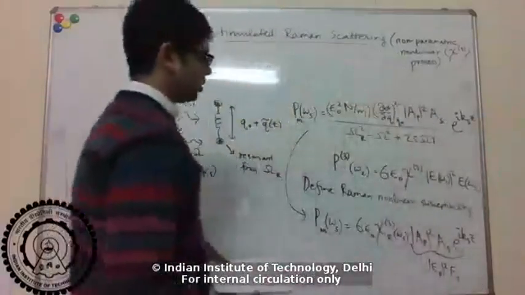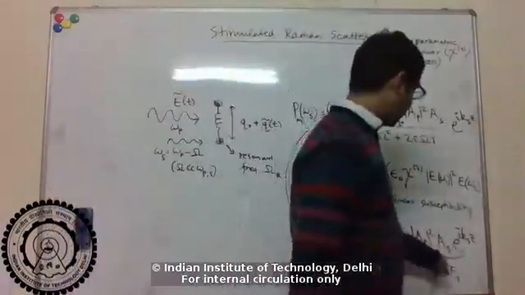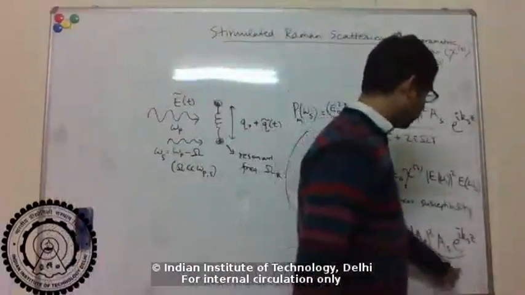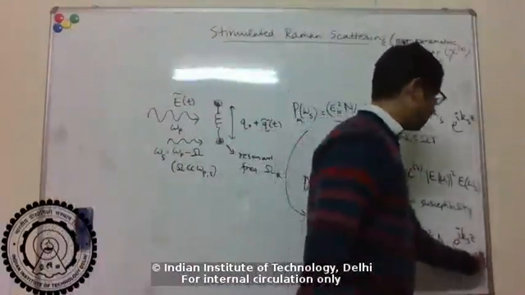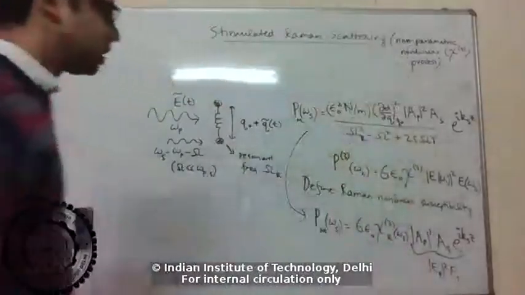Right. So EP went as e to the i kp z, ES went as e to the i ks z, so that's why we have this e to the i ks z there.